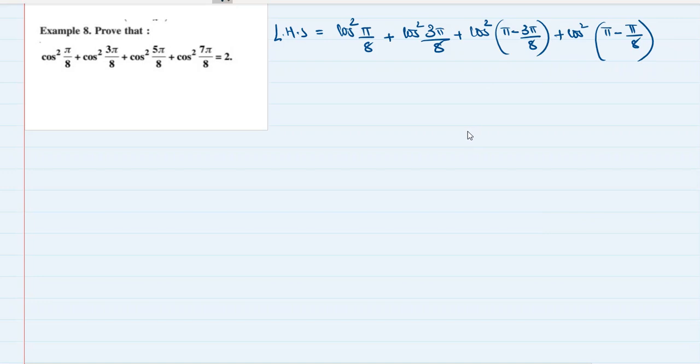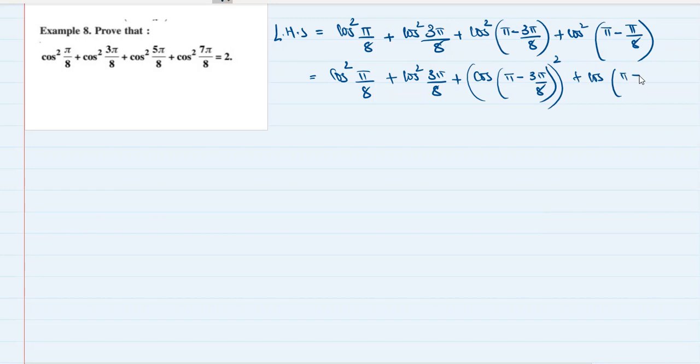And why we are doing this change, I'll tell you. Okay, now see, in the next step I can express this as cos square pi by 8 plus cos square 3 pi by 8 plus cos of pi minus 3 pi by 8 the whole square plus cos of pi minus pi by 8 the whole square.